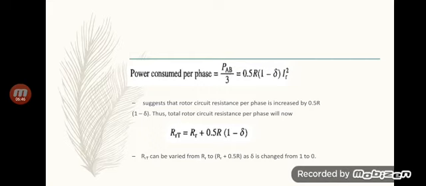Thus the total rotor circuit resistance per phase will be RT equal to RR plus 0.5 R (1 minus gamma). Then RT can be varied from RR to RR plus 0.5 R as gamma is changed from 1 to 0.